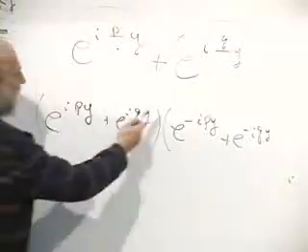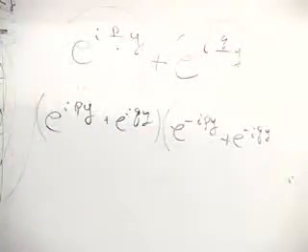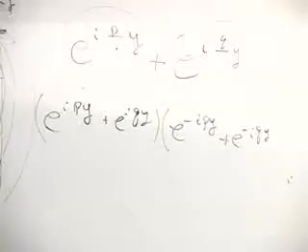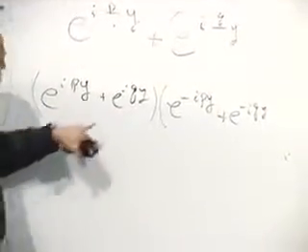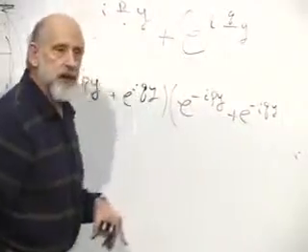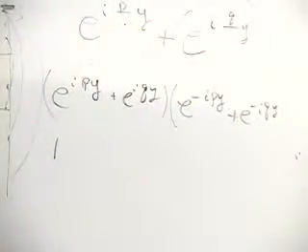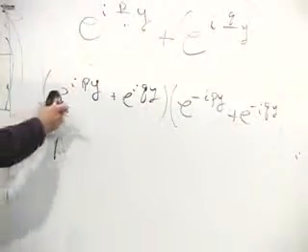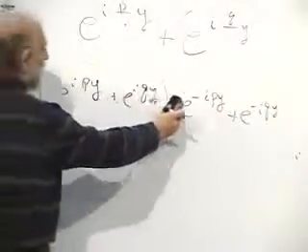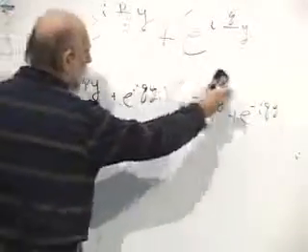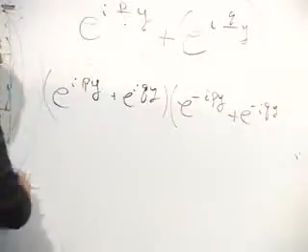E to the I py times e to the minus I py. What's that? 1. We also have e to the I qy times e to the minus I qy. That's also 1. So the terms e to the ip times e to the minus ip and e to the iq times e to the minus iq altogether give us 2.